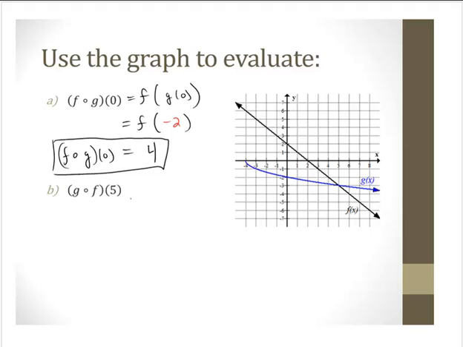All right, let's evaluate g composed f of 5. That would be g of f of 5. So first, let's evaluate f of 5. f of 5 is negative 3. So this would be g of negative 3.